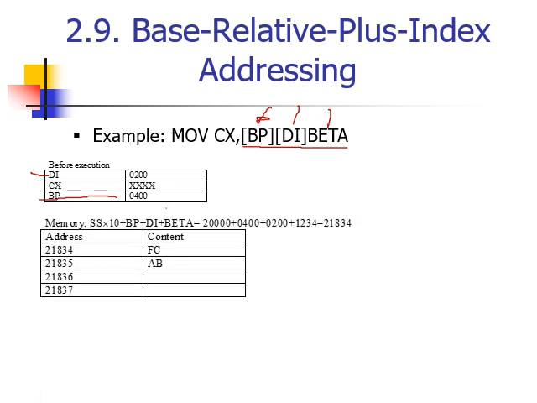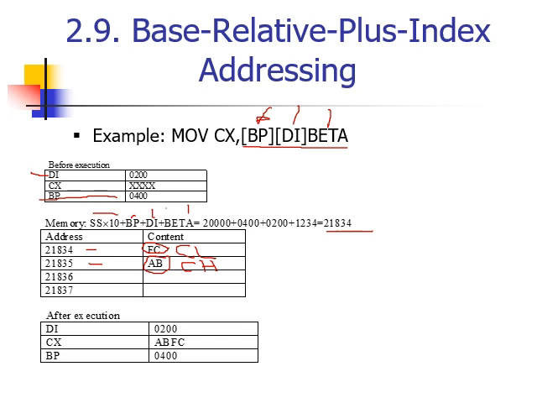SS times 10 plus BP plus DI plus beta gives you this address. You go to this address and to the higher one. So this low address data is to be placed in CL, and this high address data is to be placed in CH. So after execution, you should find ABFC inside your CX.